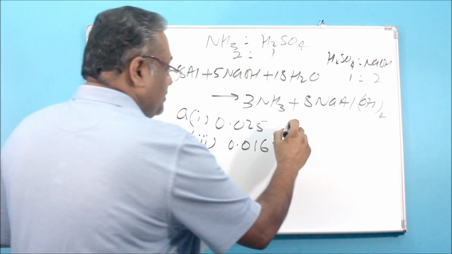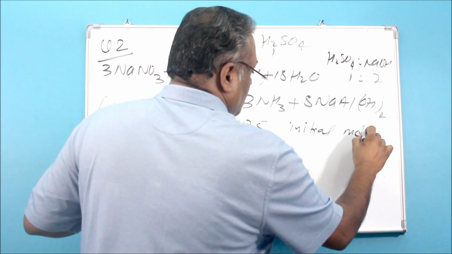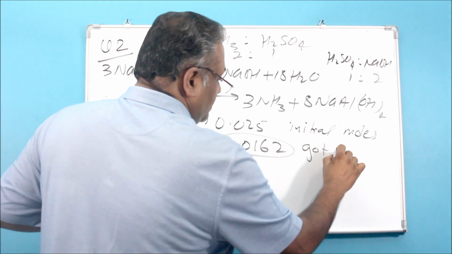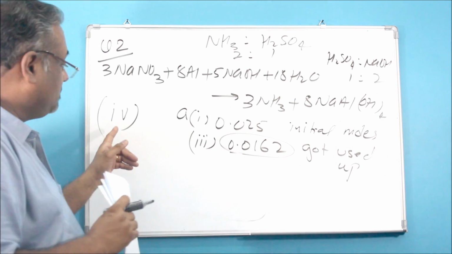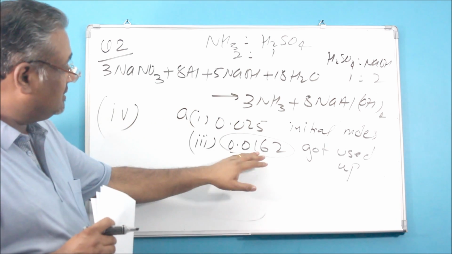So this was the initial moles, and then so much got used up. The question for the fourth part says, find out how much is left. So all you have to do is subtract this from this.